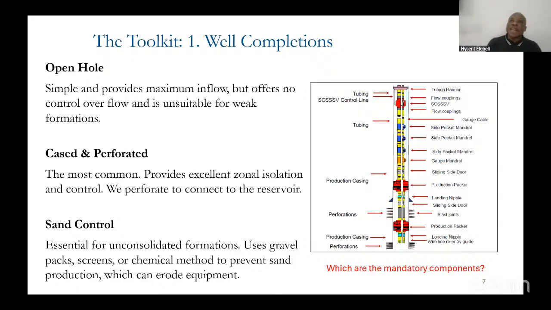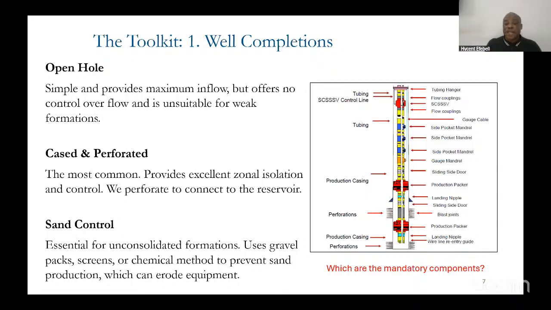After 6 months, they started producing a lot of sand, and the sand eroded all the tubing accessories. So they had to do a remedial sand control. That costs a lot of money too. So you need to think about your sand control method upfront. We'll talk more about sand control because of its importance.